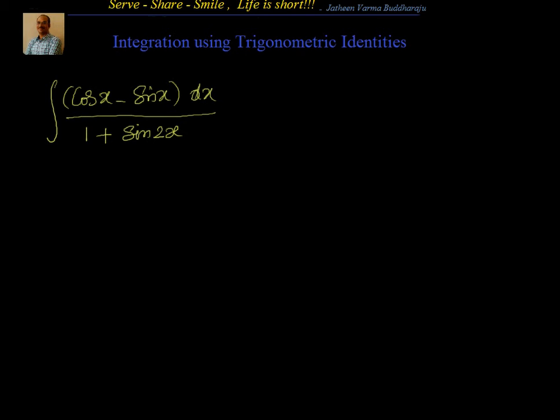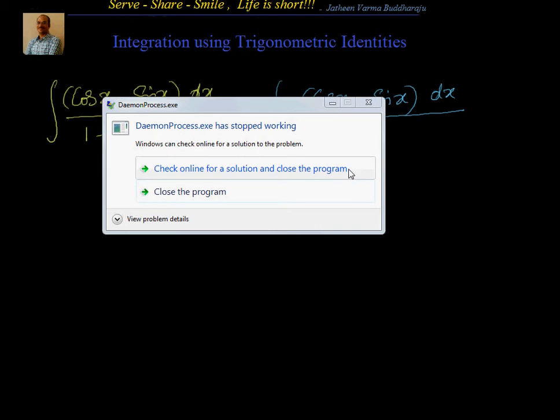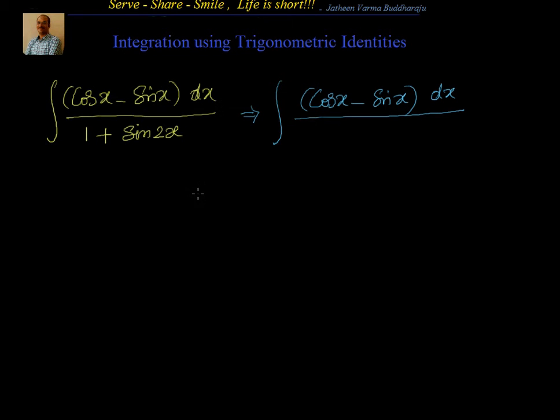For that, we'll first see how we can convert the denominator with respect to cos x and sin x. For that, I will write it as the integral of cos x minus sin x dx. By the substitution method, if you remember, you have to pick your function in such a way that when you differentiate it, the numerator should get cancelled out.